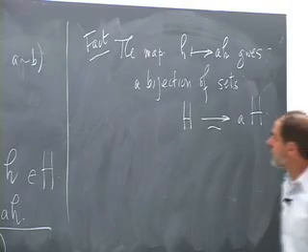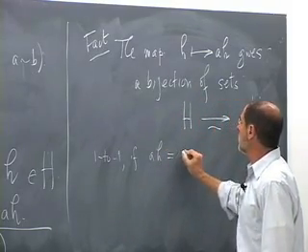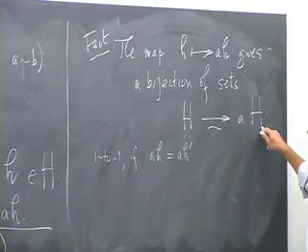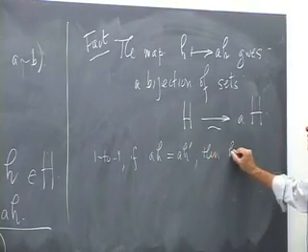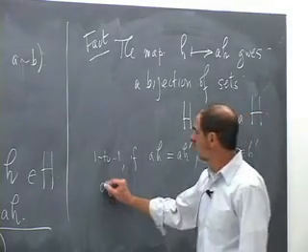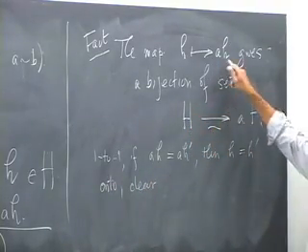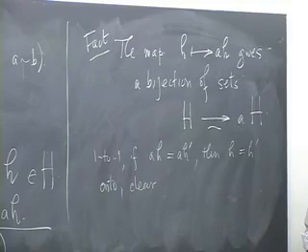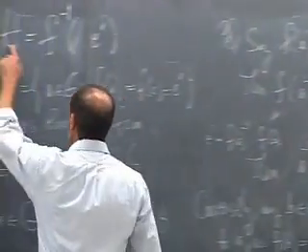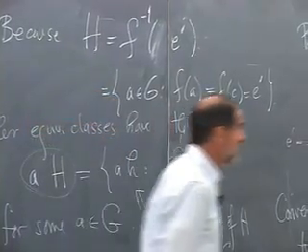It's one-to-one, because if ah is equal to ah prime, those are two different elements in this set, then h is clearly equal to h prime, just multiply by a inverse. Onto? Clear, because the elements in this set are just things of the form a times an element in H. So the cosets are all in set-theoretic bijection to H. In particular, if H is finite, the cosets all have the same number of elements.